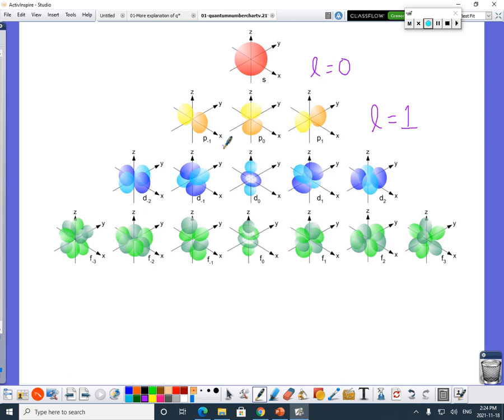Before I even do this, don't look at your other chart. Based on this, 1, 2, 3, 4, 5, how many should there be in the range where L is 2? 5: -2, -1, 0, +1, +2, 5.